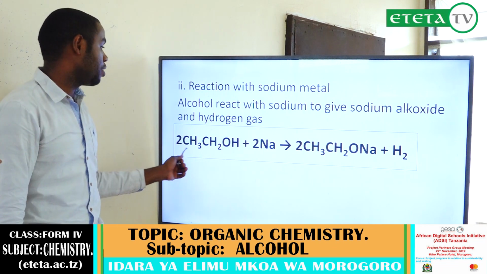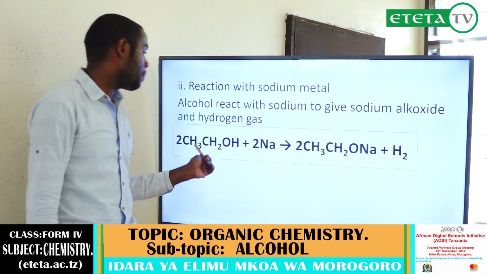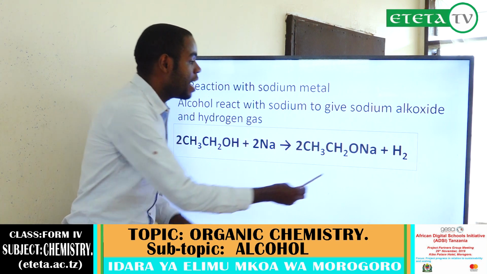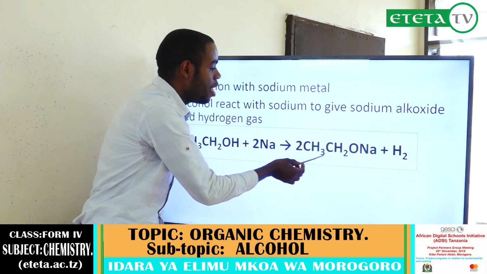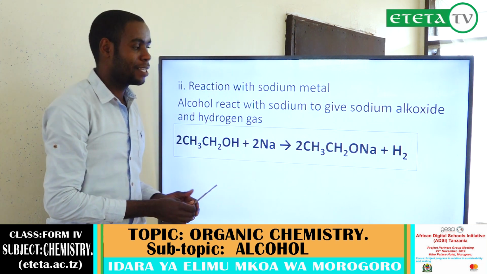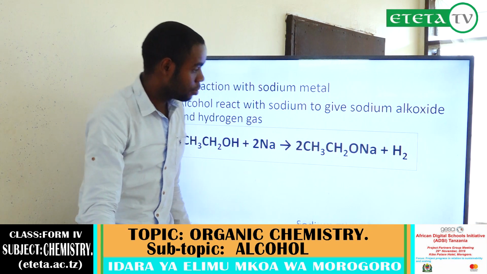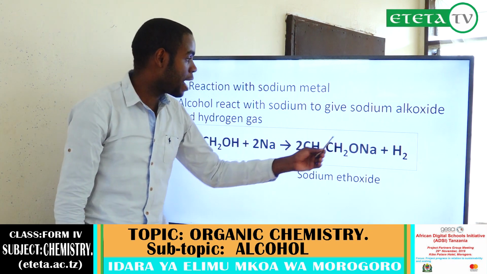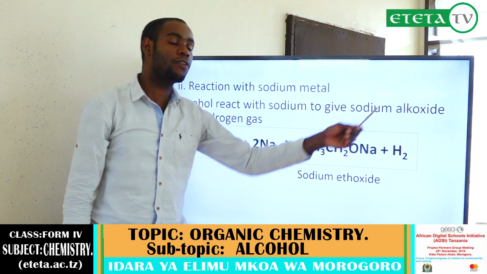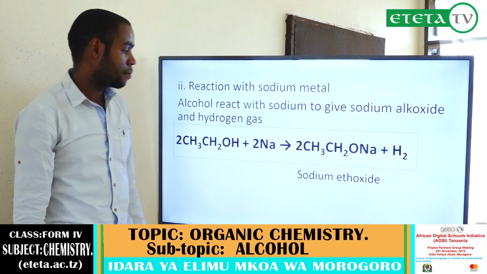For example, this is ethanol. The reaction between ethanol and sodium produces sodium ethoxide and hydrogen gas. So this one is called sodium ethoxide. In general, we can say sodium alkoxide, such as sodium ethoxide.